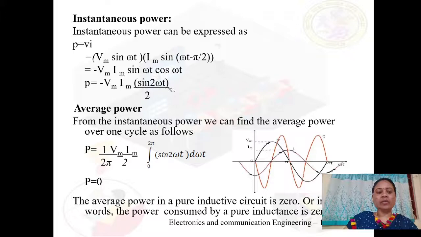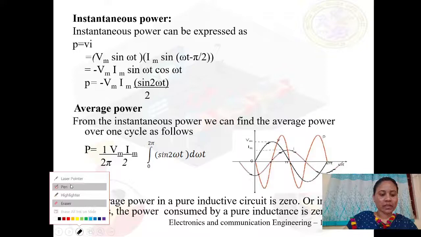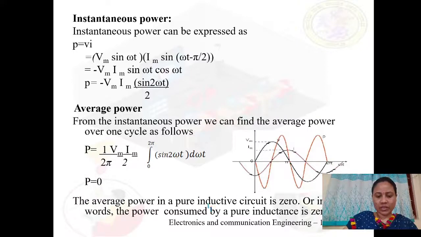We know that whenever the sinusoidal component is considered, its average value is always 0 because it has the same average value for positive and negative cycles. Therefore, its average value is 0 and hence the average power in a pure inductive circuit is nothing but 0.